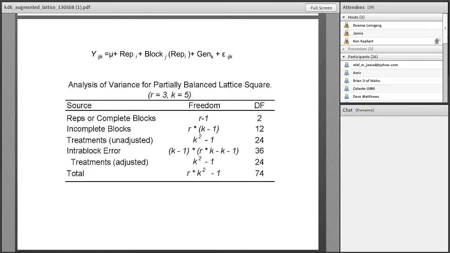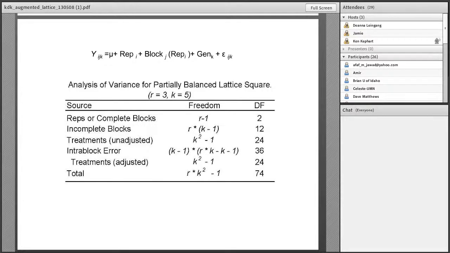The analysis of a partially balanced design looks like this. Up above is the model on which this is based, where whatever your dependent variable is, it is based on the population mean and is impacted by variation in reps and blocks within reps, as you can see here.